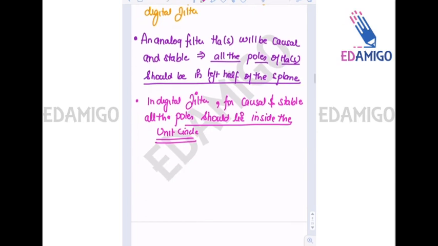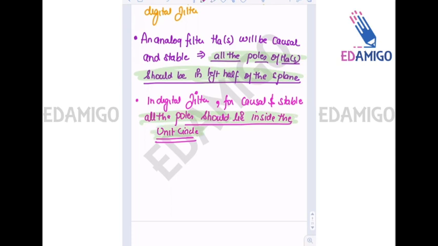Okay, so if you look at these two statements, this is statement number one, and if you look at this statement, all the poles should lie in the unit circle.